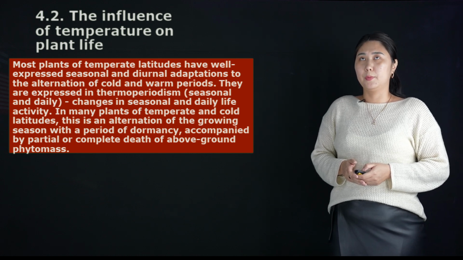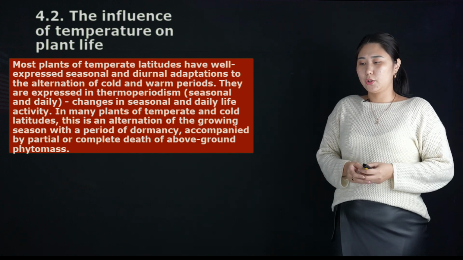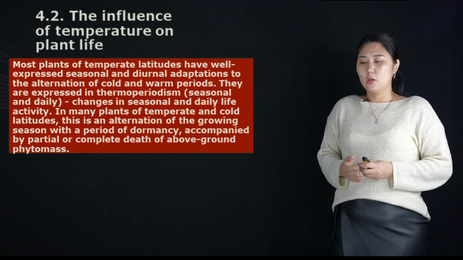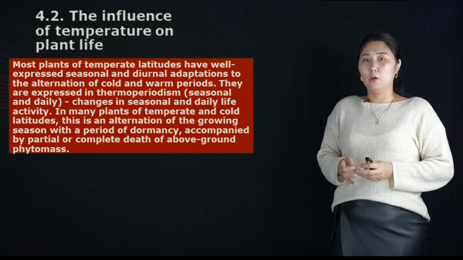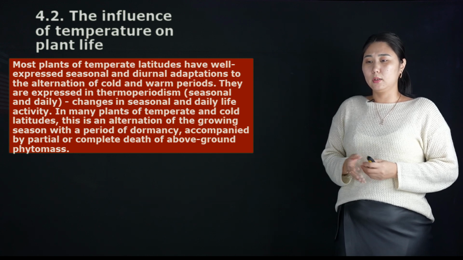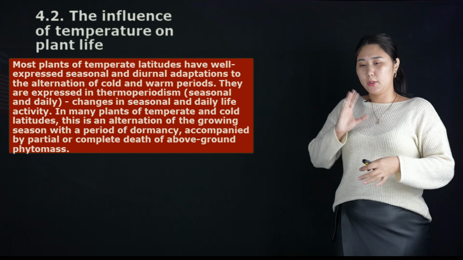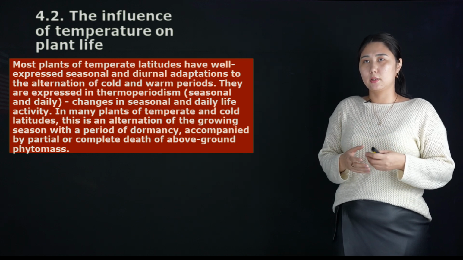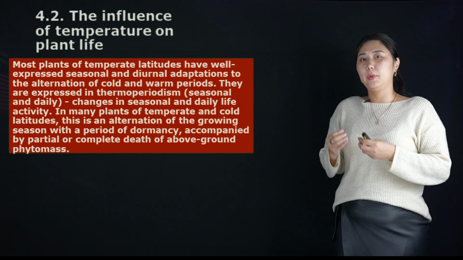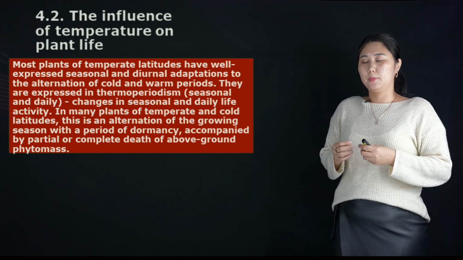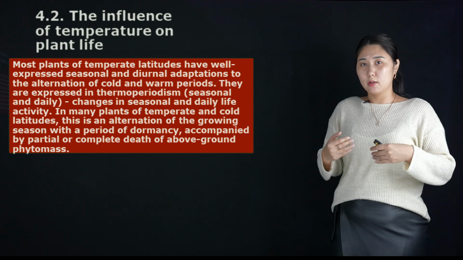For example, in our Kazakhstan, a large country with a large land area, we have four seasons: spring, summer, autumn, and winter. You can see the temperature change in these seasons, and these seasons influence plant adaptation, plant life, their organism, and other processes in their organism.